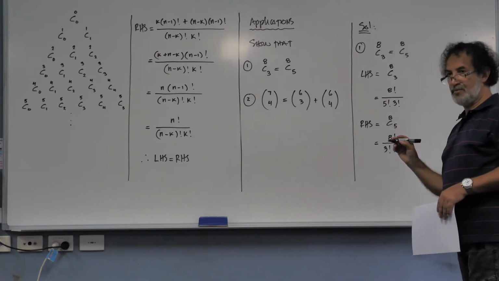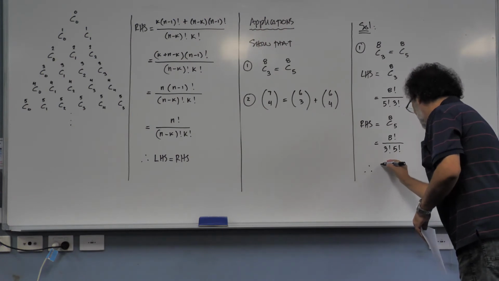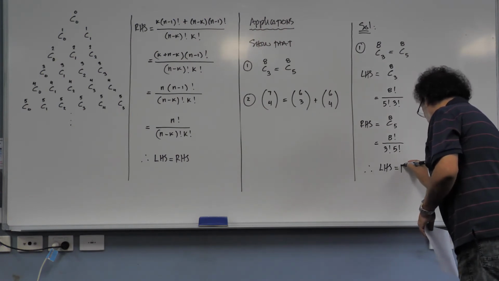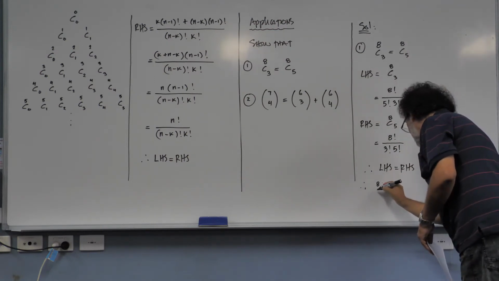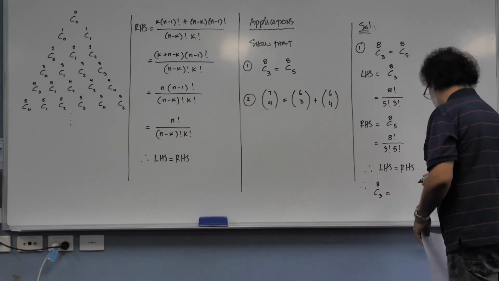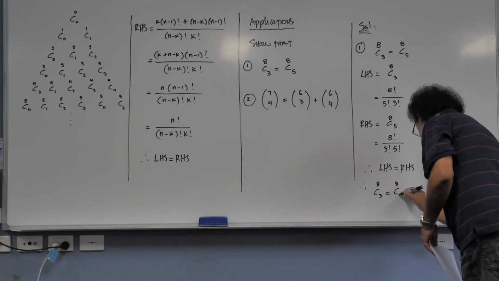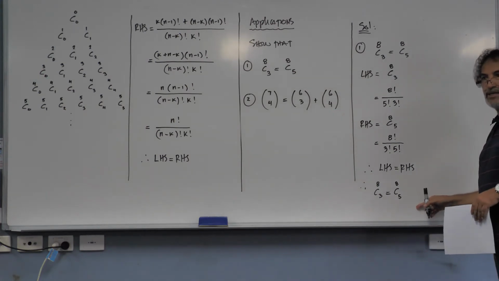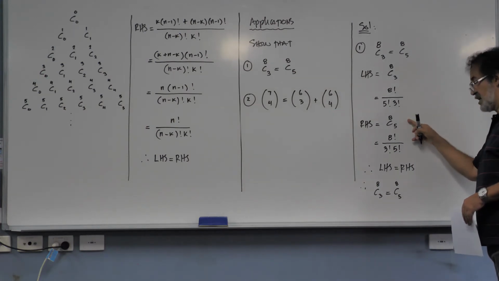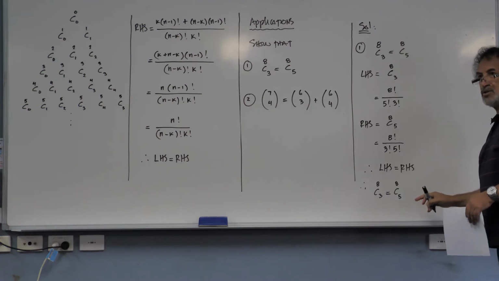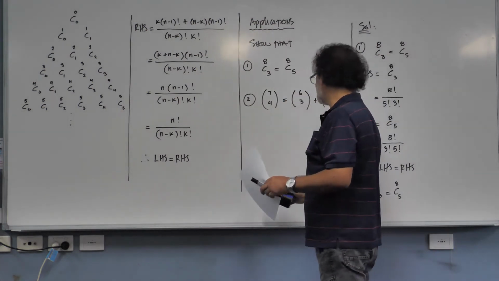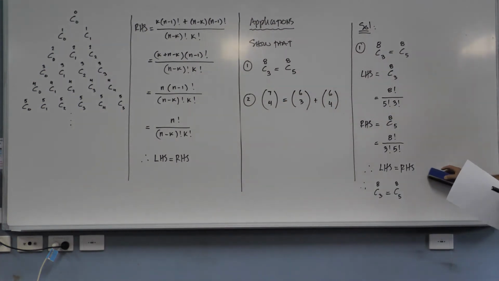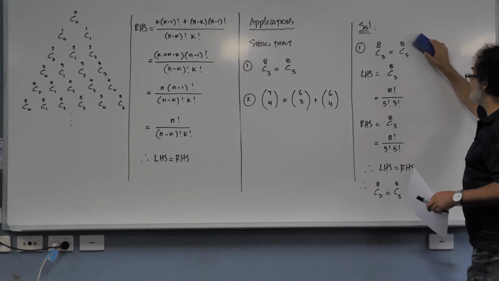But then in the test, you're going to say, therefore, the left-hand side is equal to the right-hand side. So the conclusion: 8C3 is, in fact, equal to 8C5. This is how I want it in the test: left-hand side, right-hand side, and your conclusion. Are you okay with this one? That was easy. All right, let's do the other one.